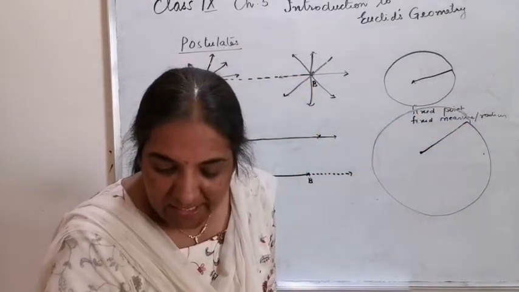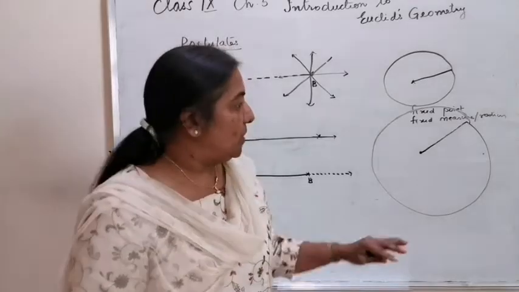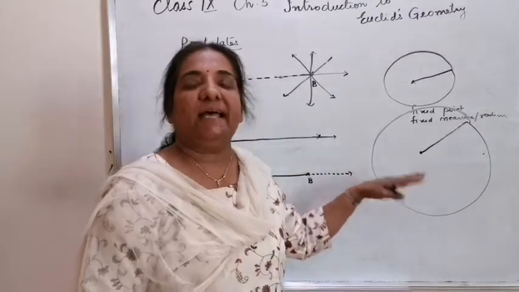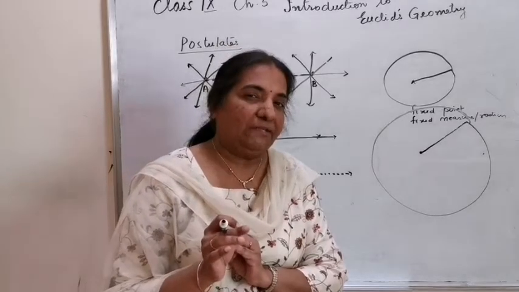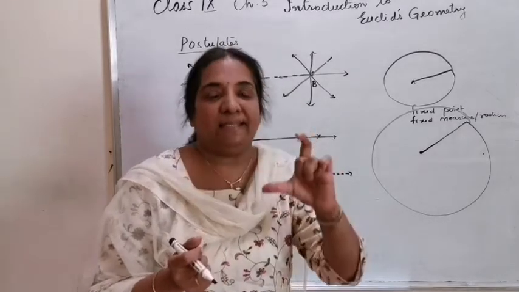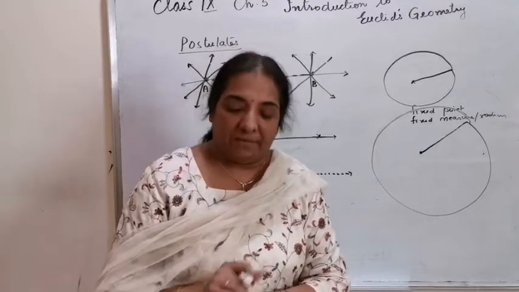The logic is: a circle can be drawn with any center and any radius. You need only a fixed point and a fixed length, which can be anywhere.